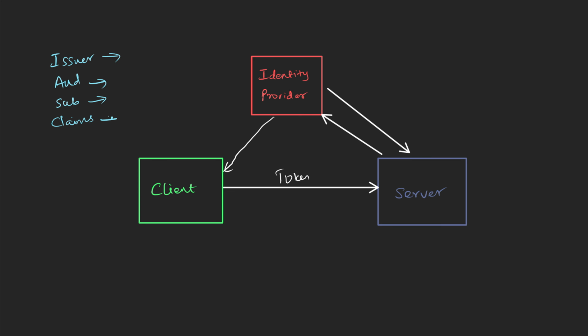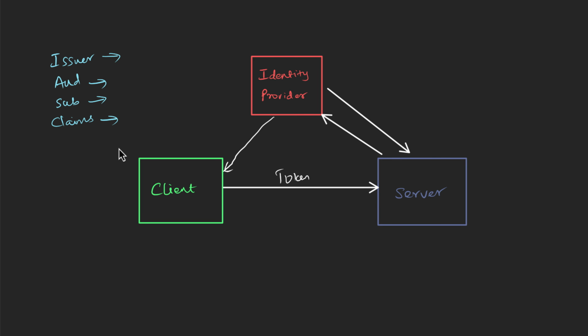Then we also have claims. Claims is very important because claims are facts about this authenticated client, and it also has facts about the token itself. For example, this will say when this token was issued and when this token is going to expire and things like that. So these are the 4 important things that we need to know about the terminologies used within JSON Web Token.